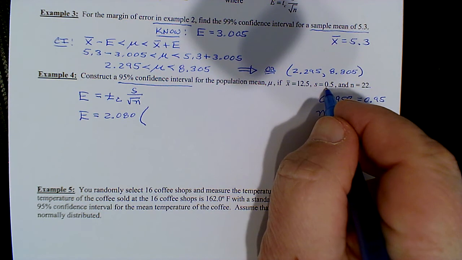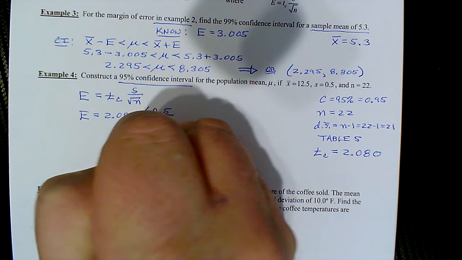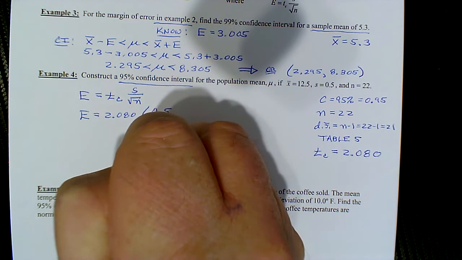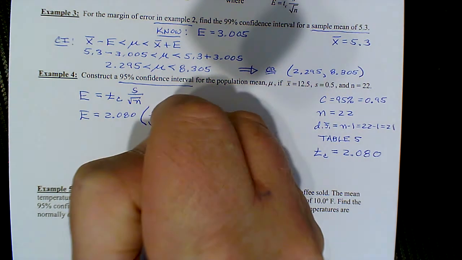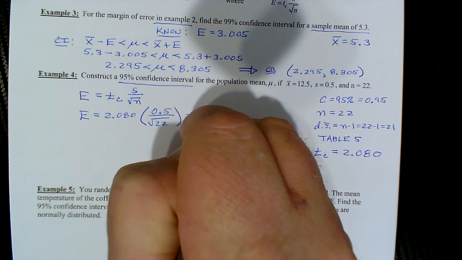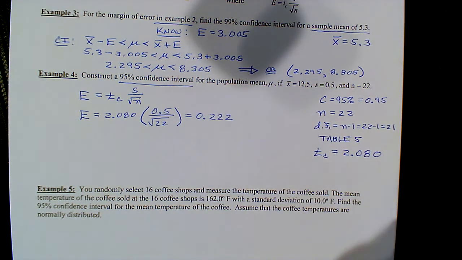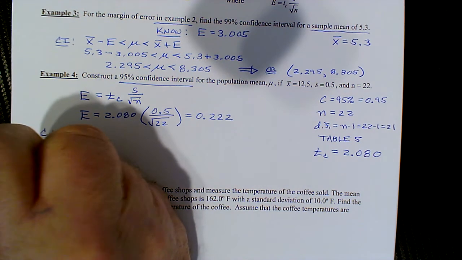That was given right here to be 0.5, over the square root of n. And again, make sure you use the n. It was 22. And check my computations, to 3 decimals, 0.222.